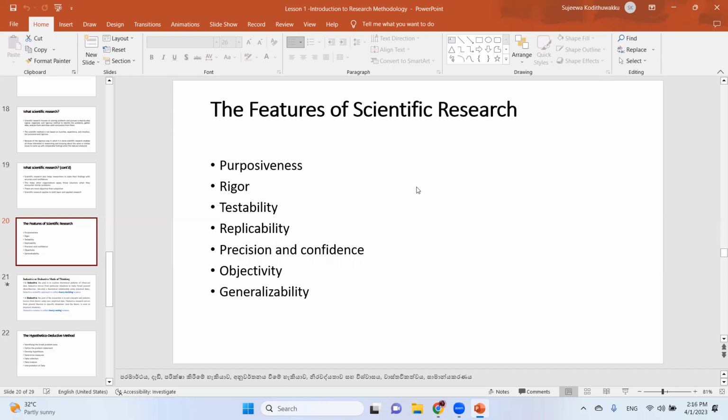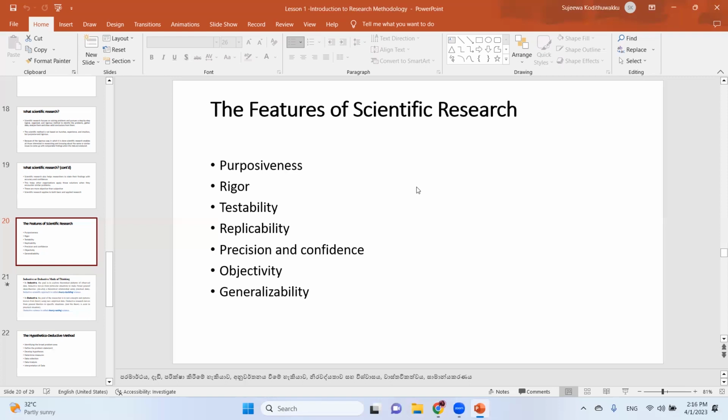So you need to identify the objective of your research. So that's the idea of purposiveness. Need to have a particular task or a purpose or an objective or an aim. That's why. Then if it's a scientific research, definitely you need to identify your main objectives.